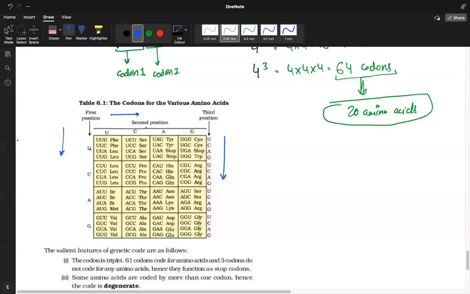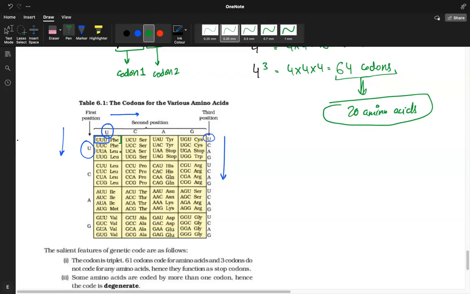So if you see U, and here is the first U, the first one is UUU. So uracil, uracil, uracil. If all three are uracil in a codon, the amino acid that will be formed is PHE, called phenylalanine. Of the 20 amino acids, PHE is phenylalanine, LEU is leucine.